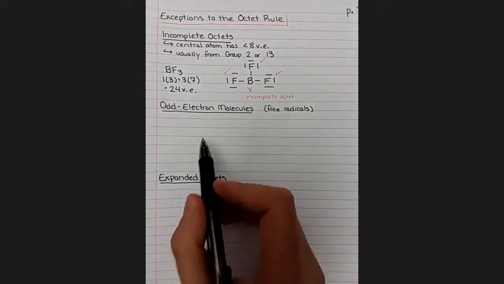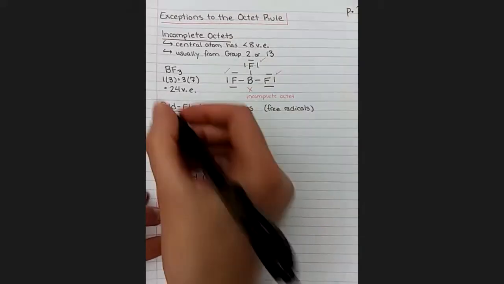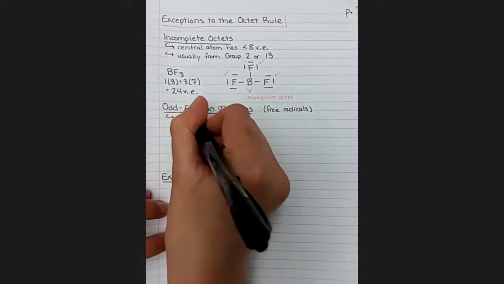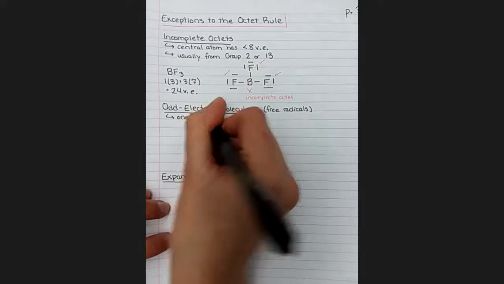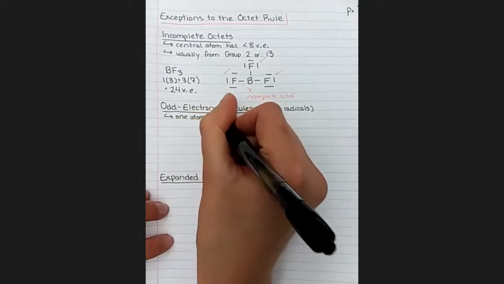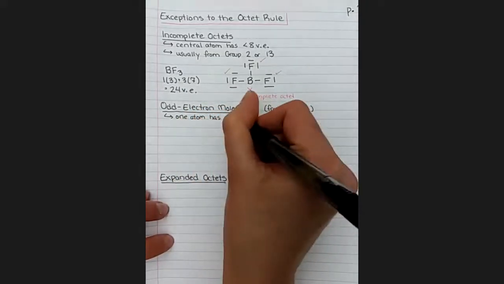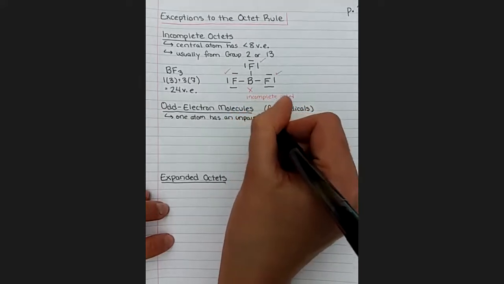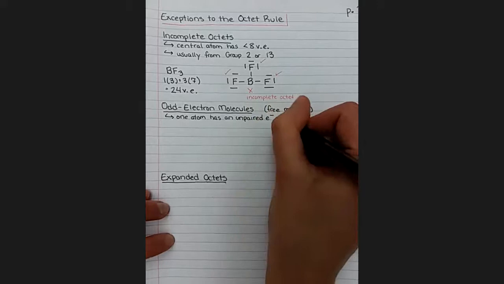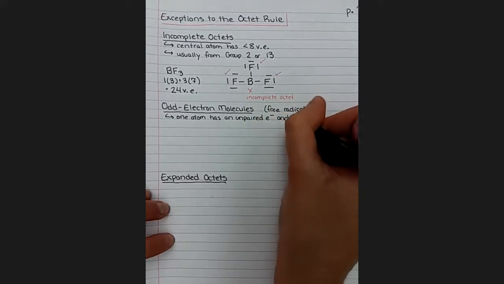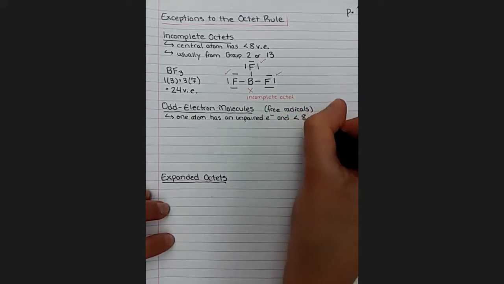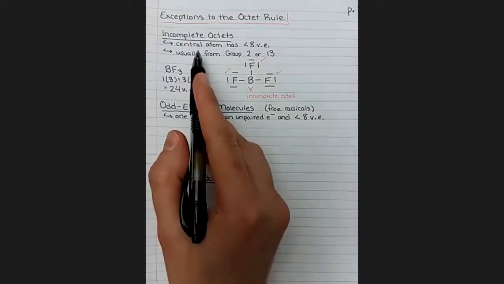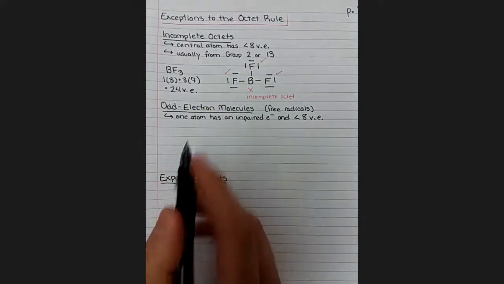Second category of exception is odd-electron molecules. This is a type of molecule where one atom has an unpaired electron, and it has fewer than 8 valence electrons. So technically this is a subtype of incomplete octets in many cases.